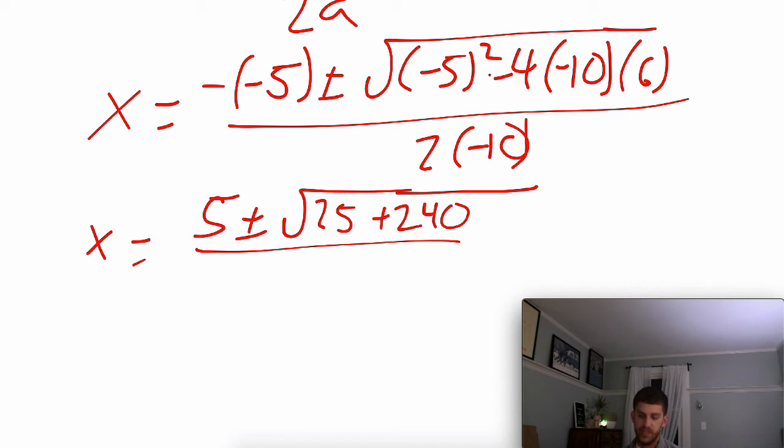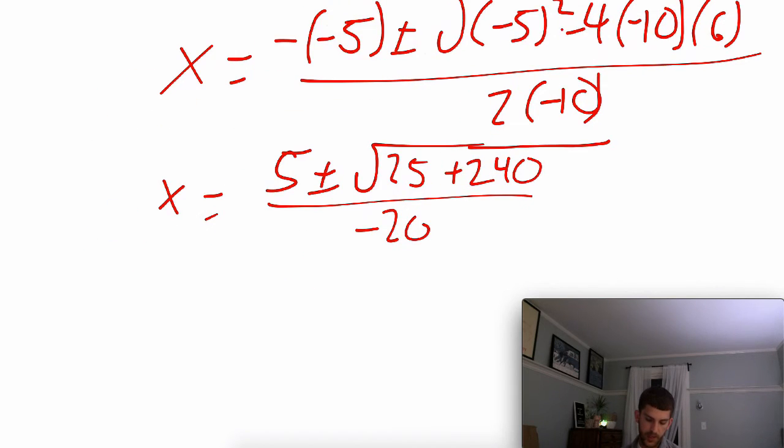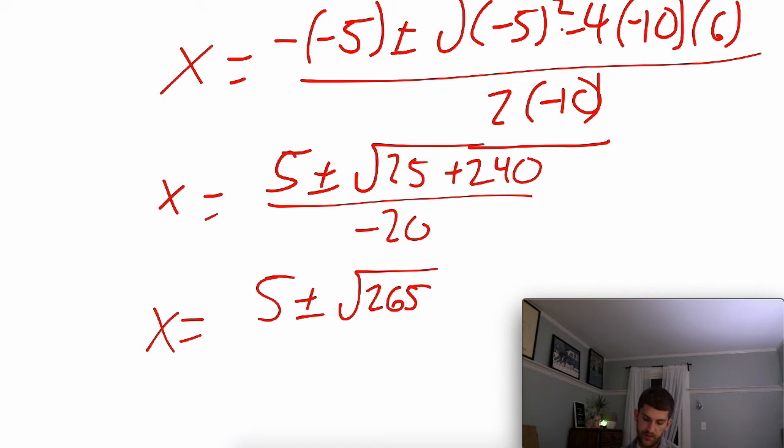All over 2 times -10, which is -20. We can clean this up just a little bit more. We got x equals 5 plus or minus the square root of 25 plus 240, which is 265, all divided by -20. Folks, there's not a whole lot we can do with that. That's a perfectly acceptable answer.